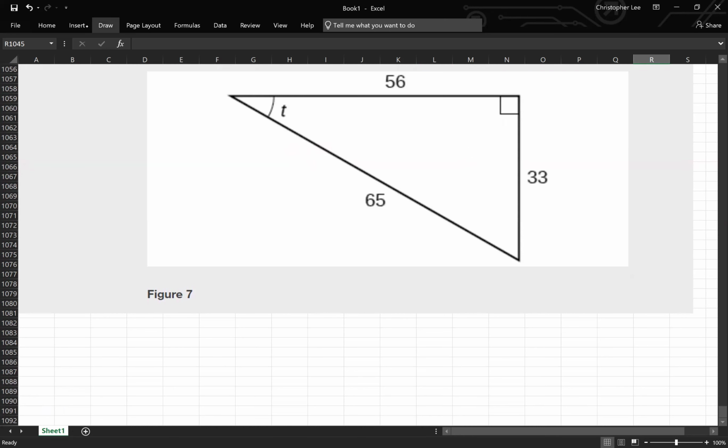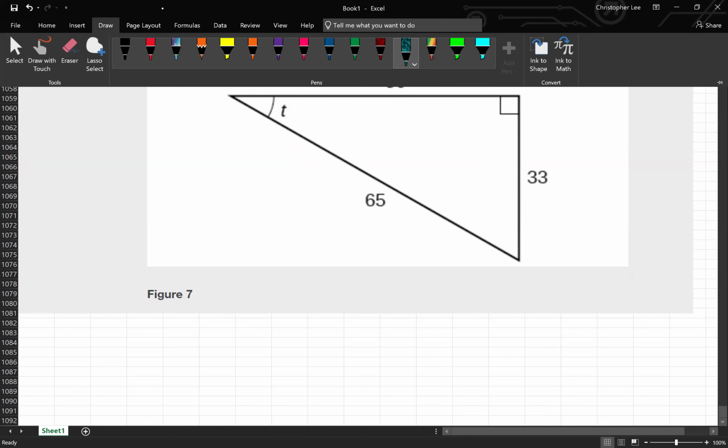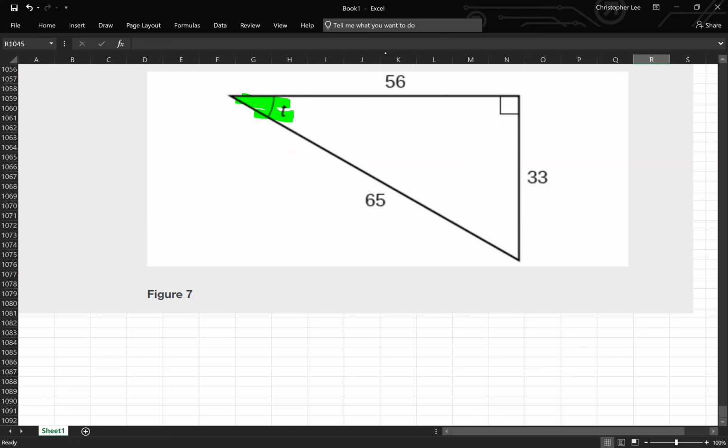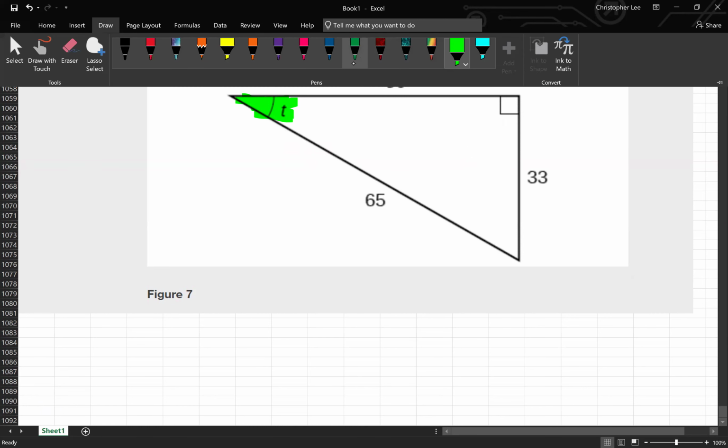All right, let's take a look. So this is my angle right here, angle T. Just to be clear. Now, what do I want?